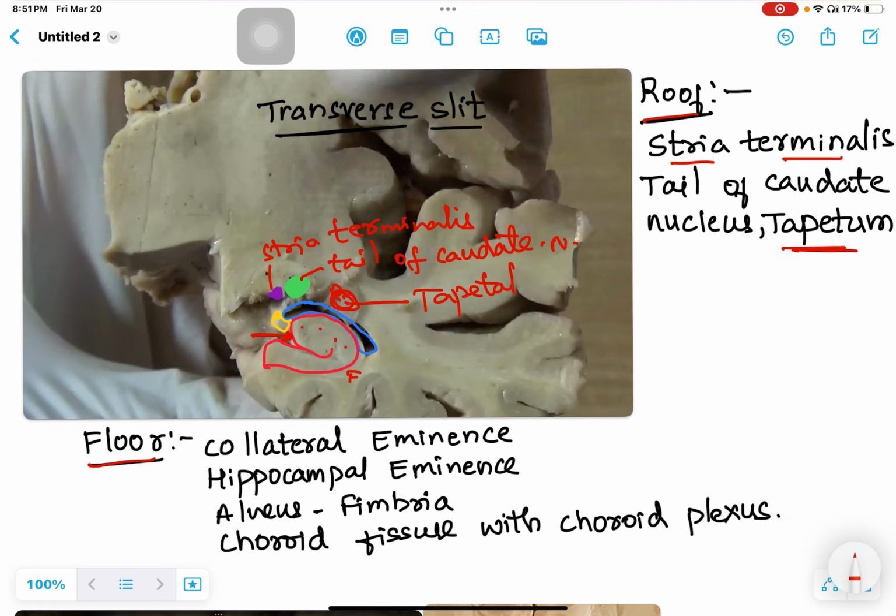Some of the tapetal fibers will be seen in the inferior horn also. All these structures form the roof.